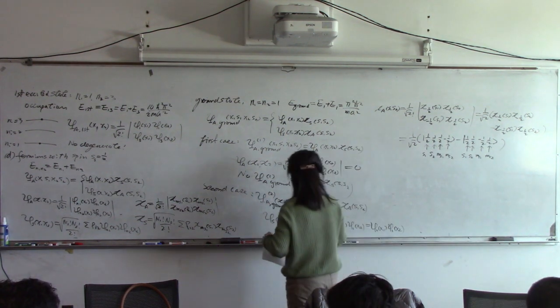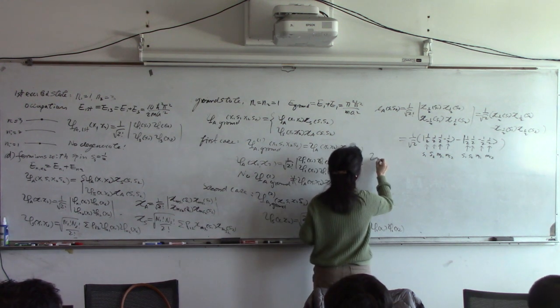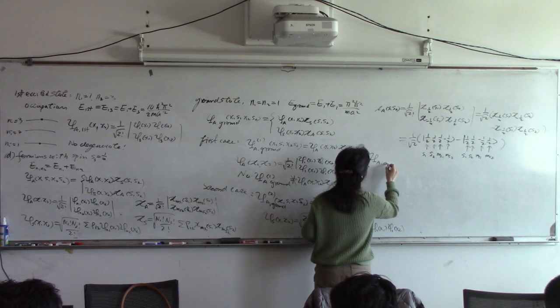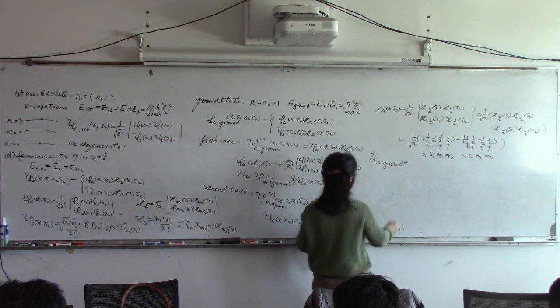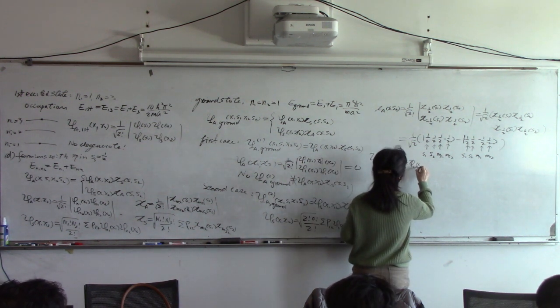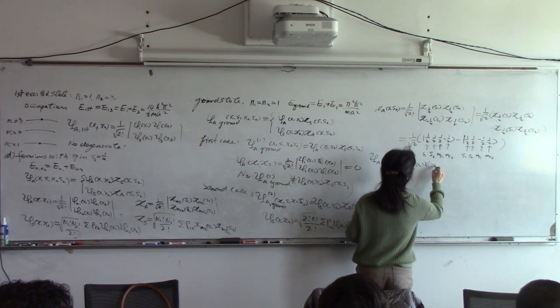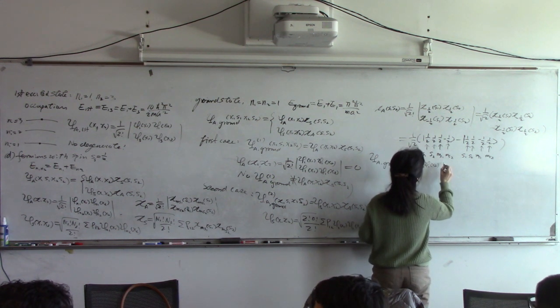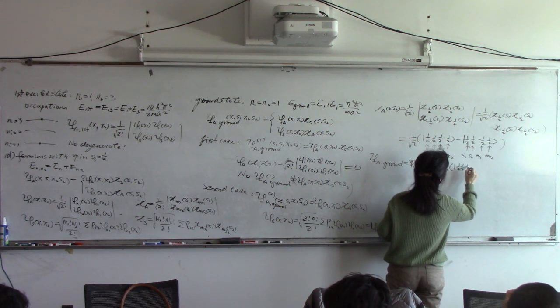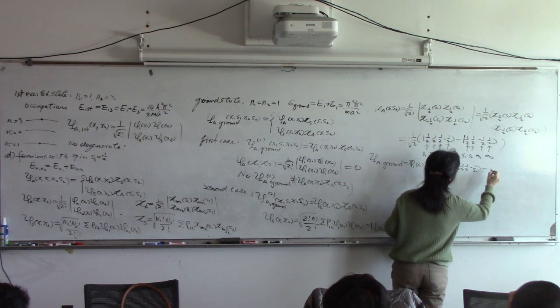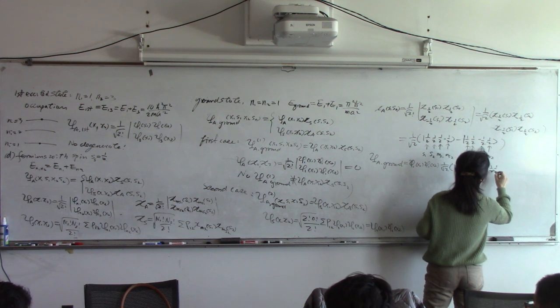So finally, the antisymmetric ground state is the product psi 1(x1) psi 1(x2), multiplied by square root 2 over square root 2, and inside, this is the singlet state.